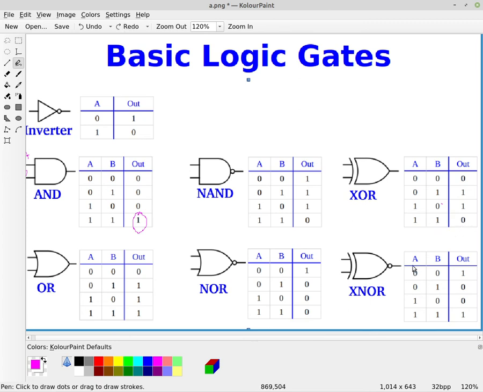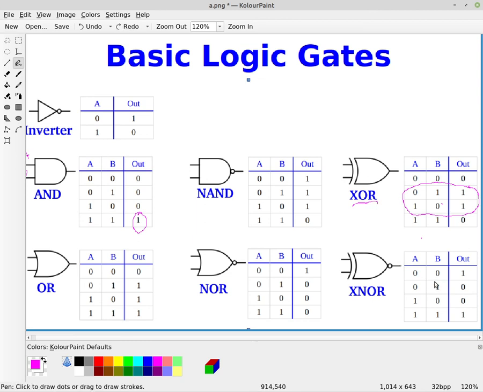All right? Or, I guess you can ask it the other way, is this different? Are the two inputs different? If the two inputs are different, then your output is going to be a 1 or a high or a true, right? And then of course we have the exclusive NOR, which is the exclusive OR negated.